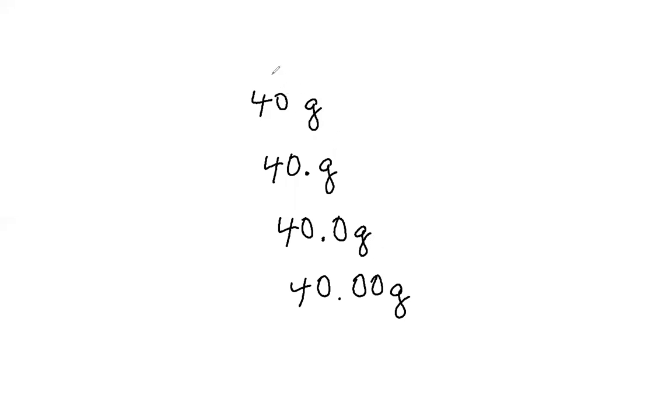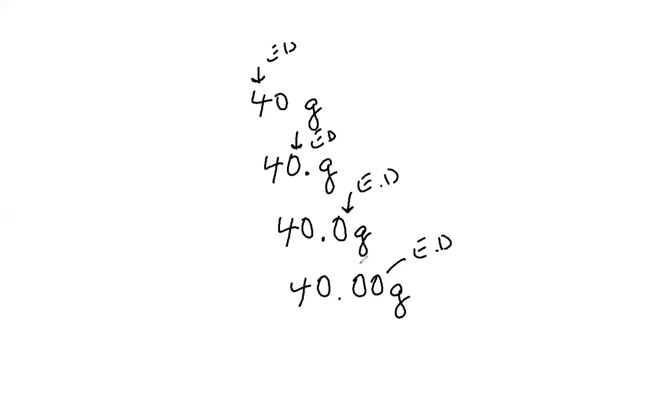In this instrument, this is our estimated digit. So someone else might have thought it was 30 or 20. Here, the ones place is the estimated digit. It's a better balance. Here, the first decimal place is the estimated digit. It's an even better balance. And here, our second decimal place is the estimated digit. It's an even better balance.